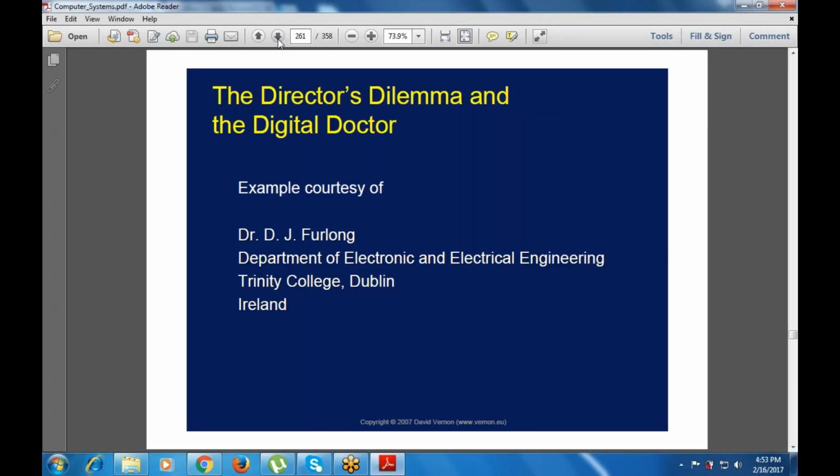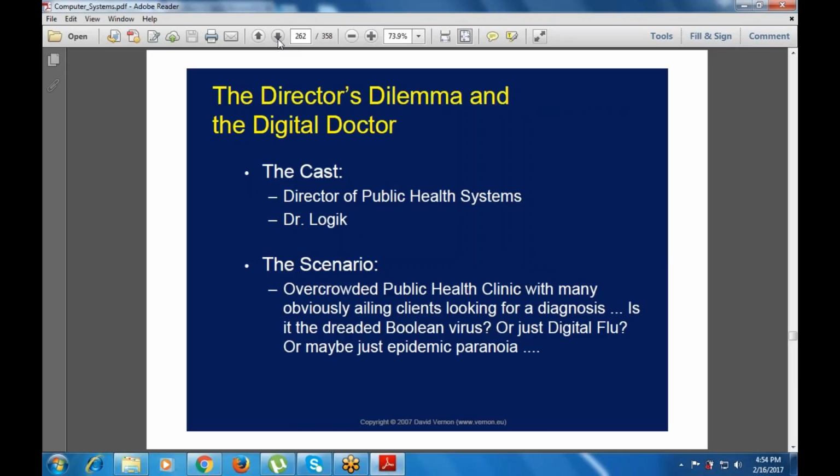Then the director's dilemma and the digital doctor, represented by the Department of Electronics and Electrical Engineering. This is the director of the public health system, and this is the doctor logic. The scenario is an overcrowded public health clinic with many obviously ailing clients looking for a diagnosis.